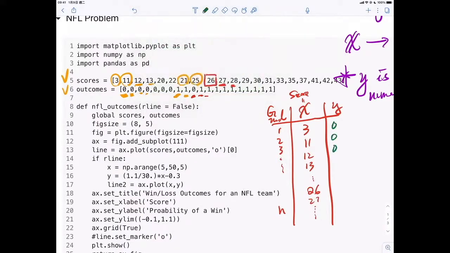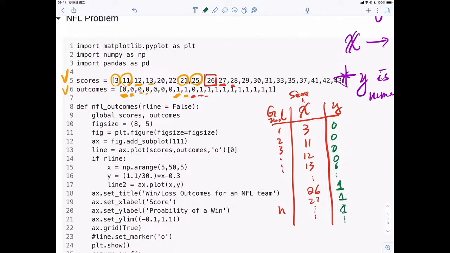So you lose, lose, lose, until this one, you win, and so on. So y in this example is a binary value, right? It's either 1 or 0. It is not numeric data.